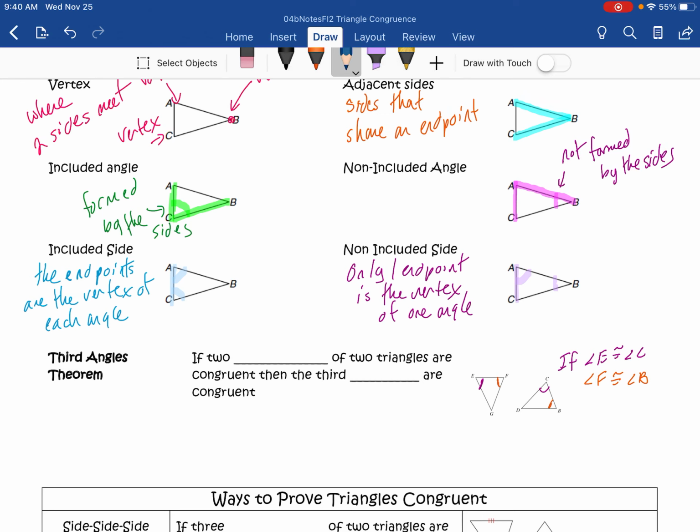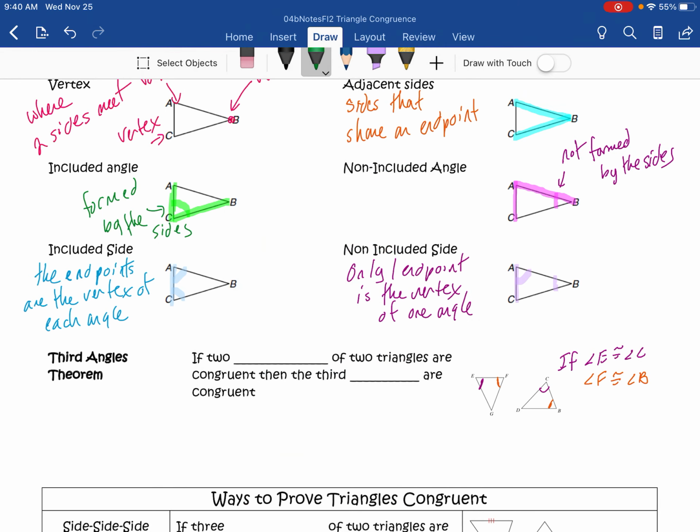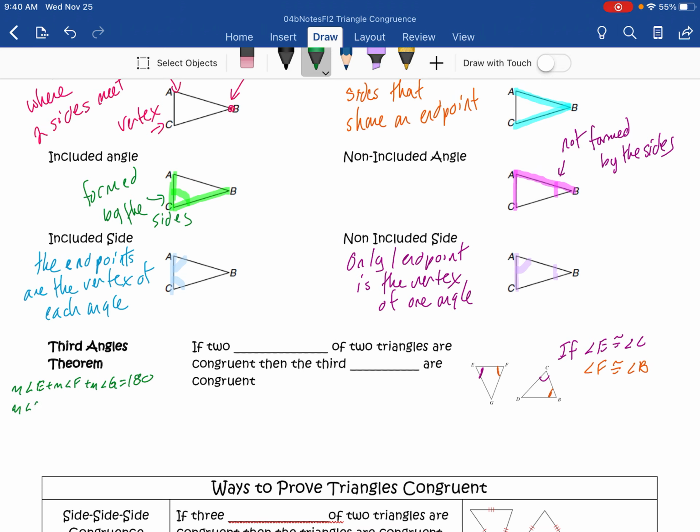I'm just going to do a little proof really quickly in the video, just because I think it's good to do. So you know that the measure of angle E plus the measure of angle F plus the measure of angle G is equal to 180. You also know the measure of angle C plus the measure of angle B plus the measure of angle D is equal to 180.